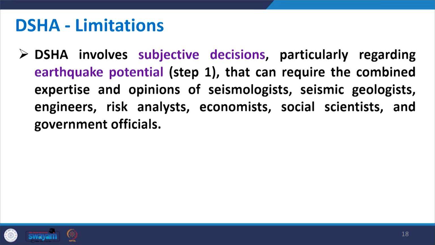and the effect of uncertainties in the various steps required to compute the ground motion is also missing in this. So uncertainty is missing, probability is missing in the first part, and then what is the uncertainty. Continue with the limitations. This involves subjective decisions, so expertise is required, like it is to be decided how much chance there is of this earthquake occurring here.